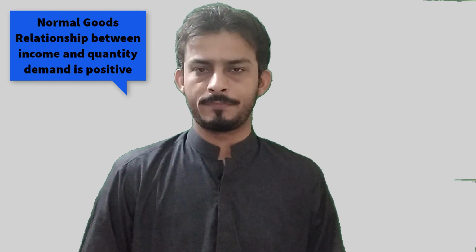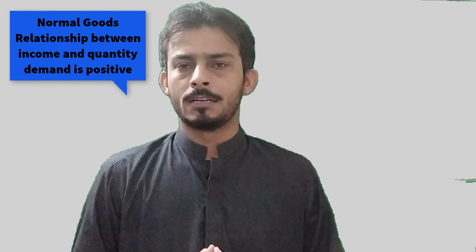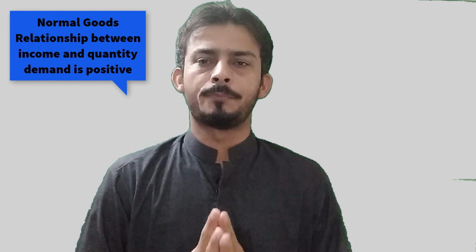Because income elasticity of demand is especially pertinent to these three types of goods. So first is normal goods. Remember one thing, whenever income increases, the consumption or quantity demanded of normal goods also increases, right? And the relationship is considered a positive relationship.